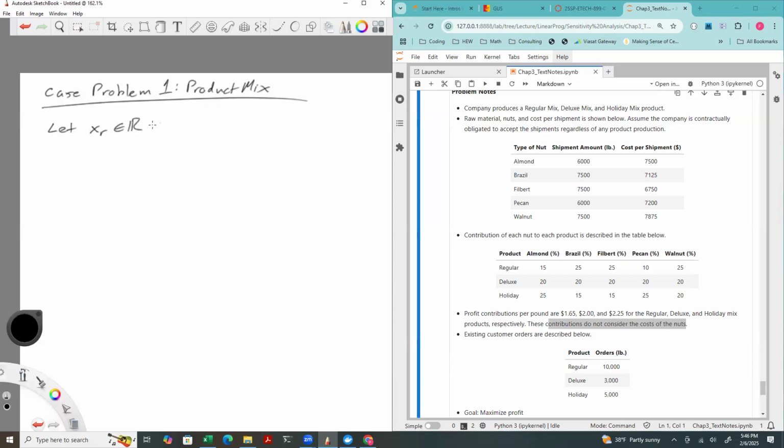I'll say it's an element of the reals, be the quantity of regular, and this is in units of pounds, and this is to be produced. Then similarly, we'll have X of D and X of H. This is the deluxe, I believe.